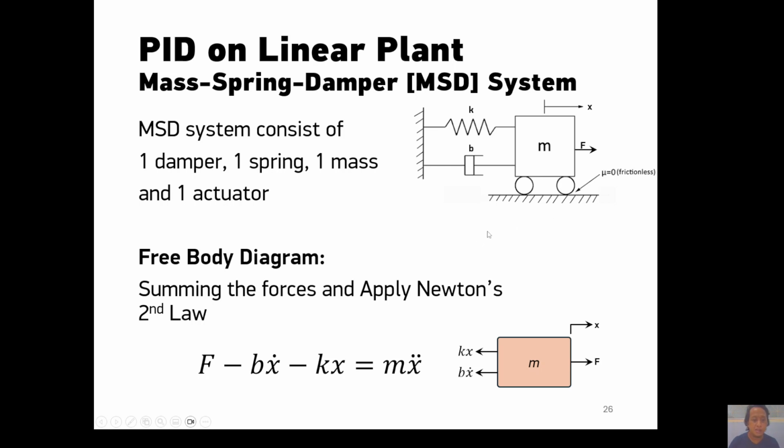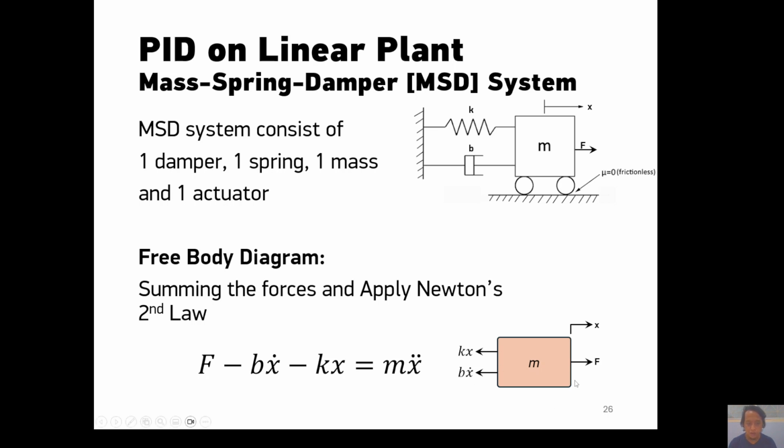From the free body diagram, after summing all the forces and applying Newton's second law, we get F minus B times x dot minus K times x equals M times x double dot.